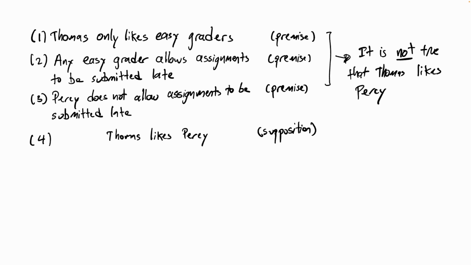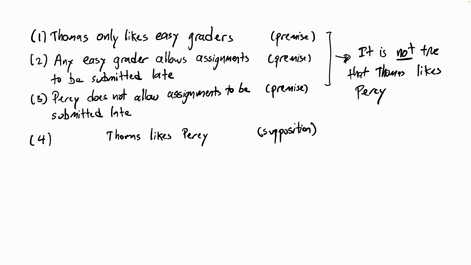The reason for that indentation is that it serves as a clear visual marker to help us keep track of when we're assuming that our premises plus this extra supposition are all true versus when we're assuming only that our original premises are true.